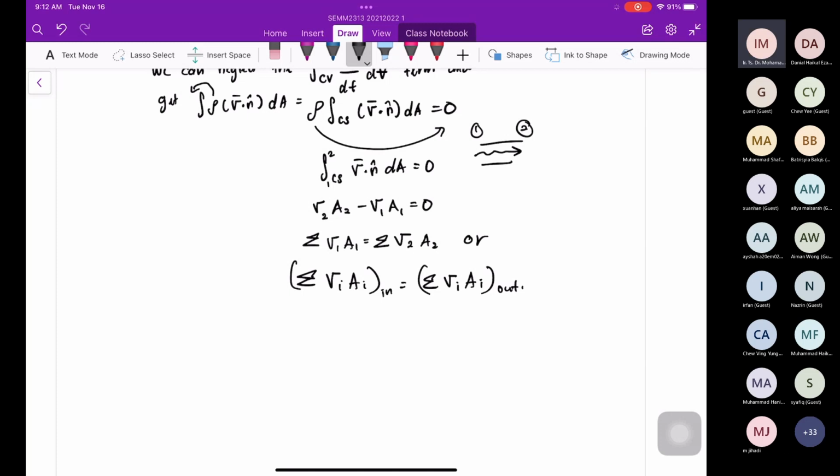So V multiplied with area: the unit of velocity is meter per second, multiplied with area, meter squared. So the unit is meter cubed per second. Meter cubed is volume, right? So volume divided by time becomes volume flow rate.